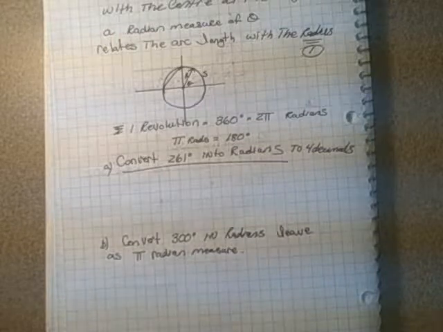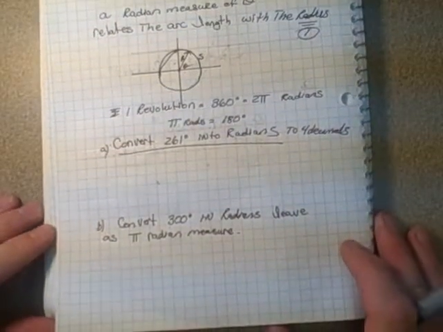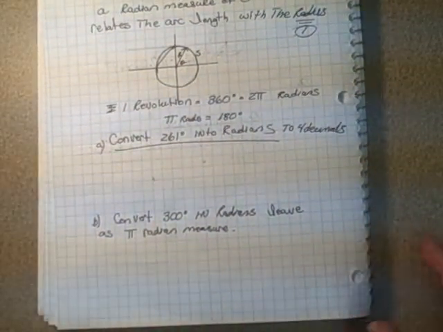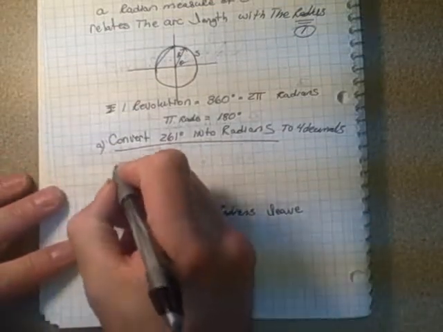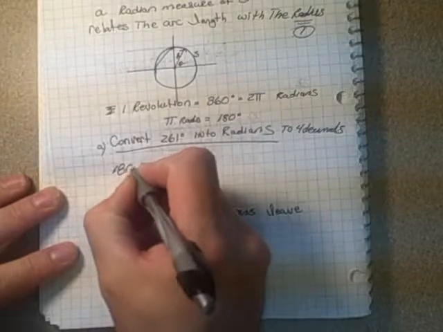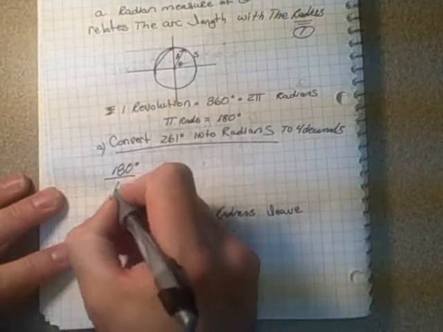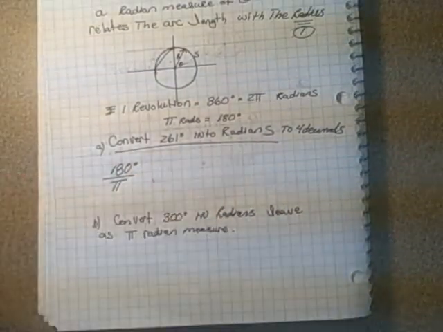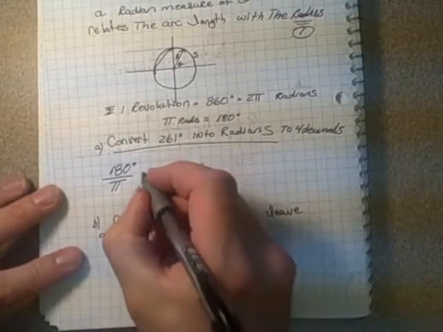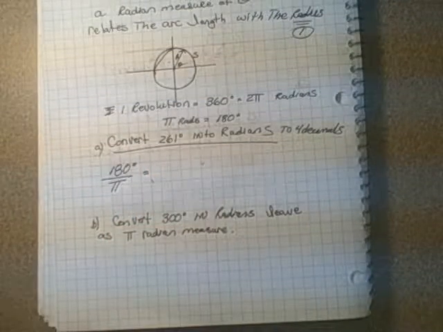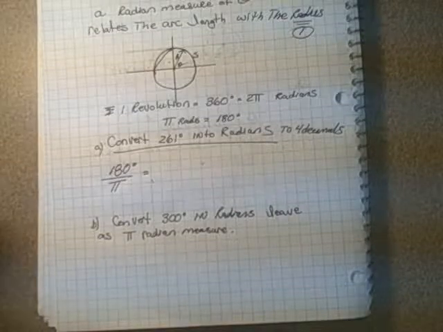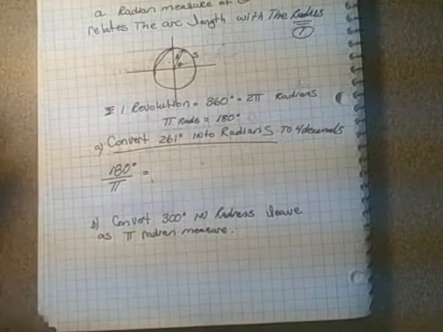Okay, so we're going to start by converting 261 degrees into radians to 4 decimal places. So what you do is you use a ratio setup. We know that 180 degrees equals pi radians. So that's our given, and we can do a similar type of ratio for finding the radians given degrees.